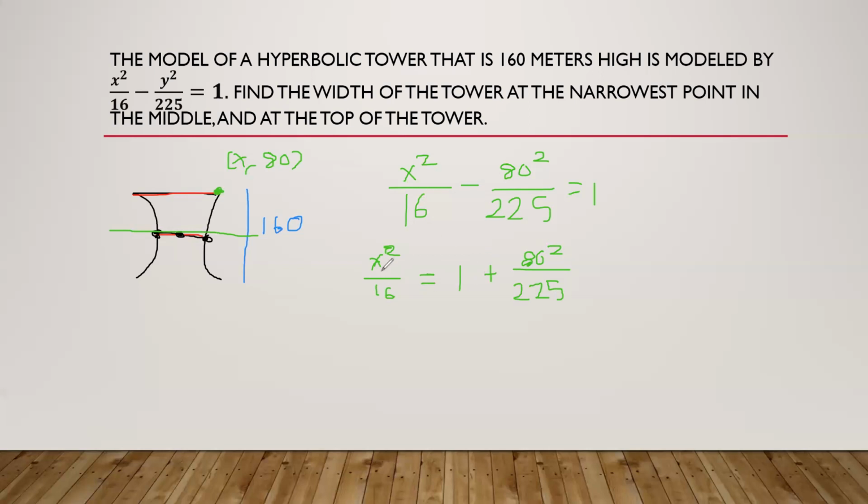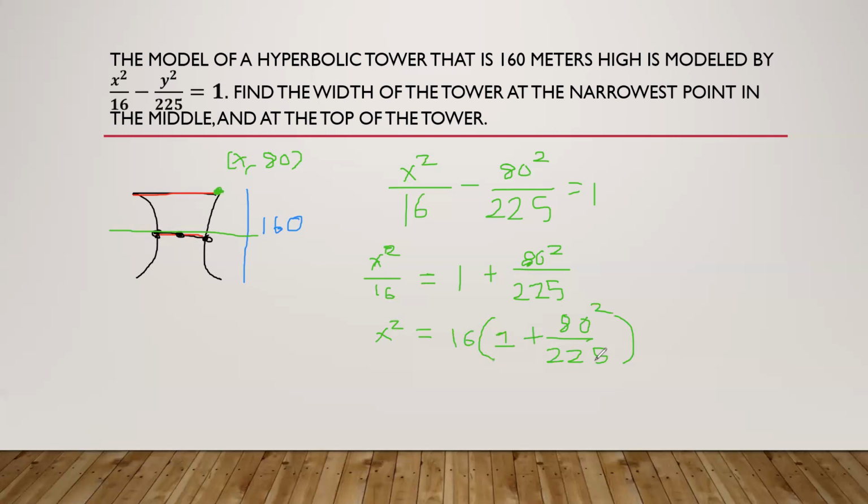Next, again, we have to isolate x, so we multiply 16 to both sides. Multiplying 16 to x squared over 16 cancels out, so it gives us x squared equals 16 times the quantity 1 plus 80 squared over 225.